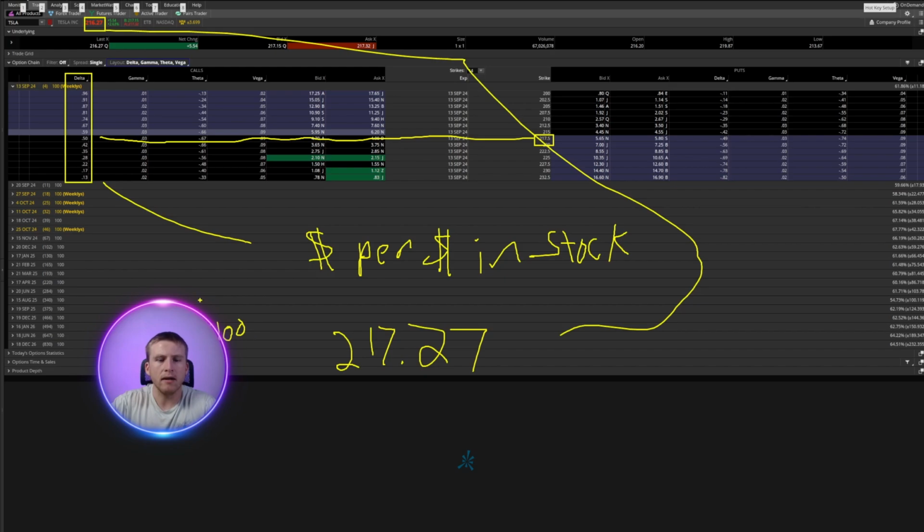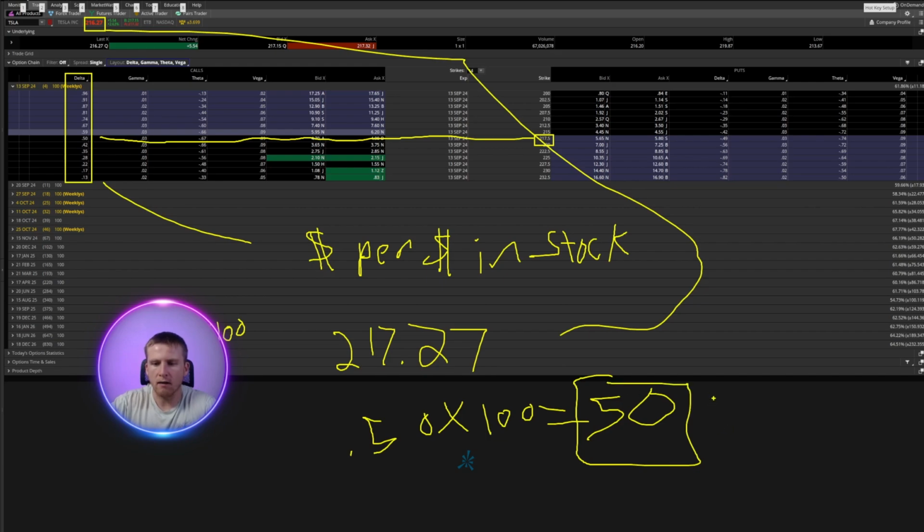So for every dollar, and let me do that over here, 0.50 times 100 is going to be $50. So every $1 Tesla moves, we can expect to gain $50 per contract that we have. So understanding the delta is going to help you understand how much that option contract is going to move.